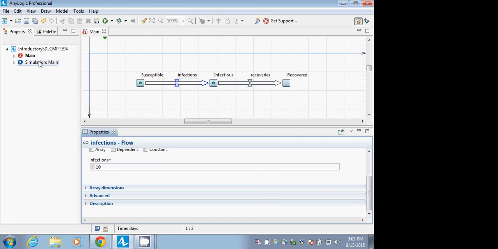Great. If we were to run this thing and look at, for example, the susceptible stock, what value would it start at? 1,000. And then how is it going to change over time? Okay, linearly downward. I love it.